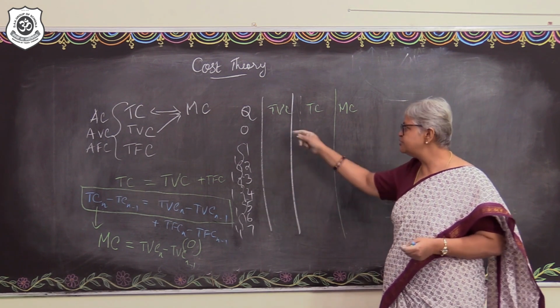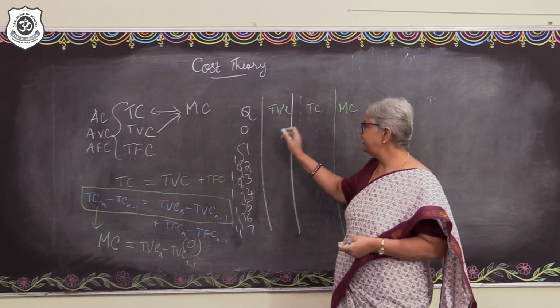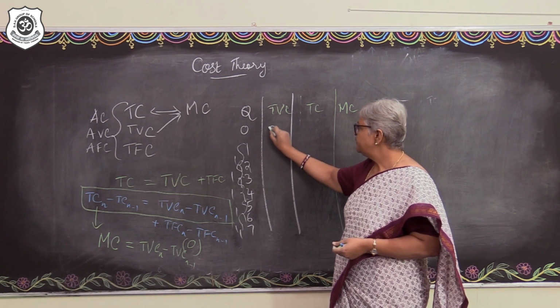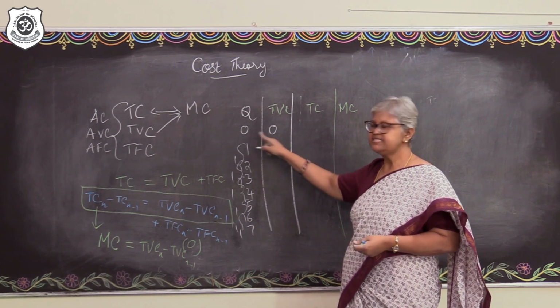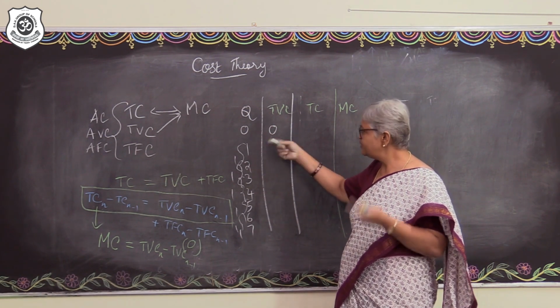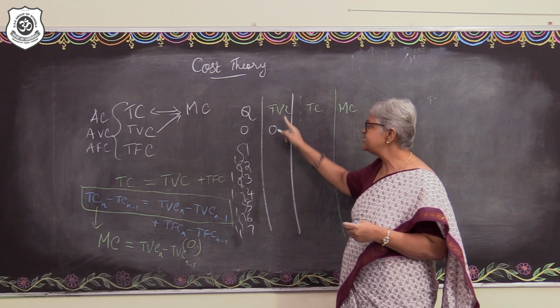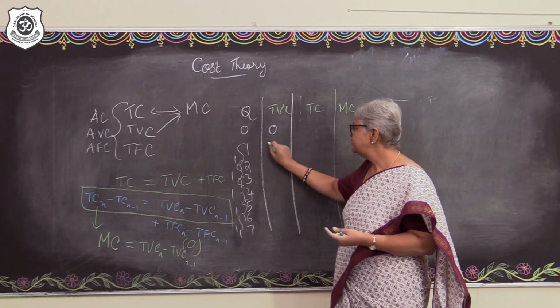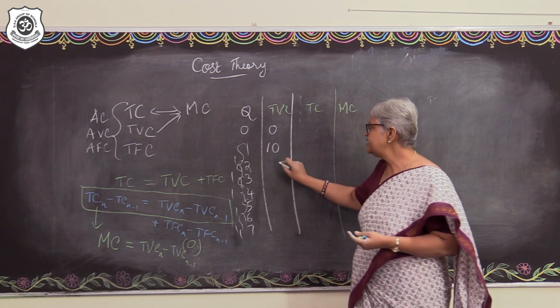This is a known concept to you, so quickly we will fill it in. Total variable cost initially will be 0 when the output is 0. No variable cost is incurred when the output is 0. And when production starts, the total variable cost starts happening. So initially let's say that is 10.